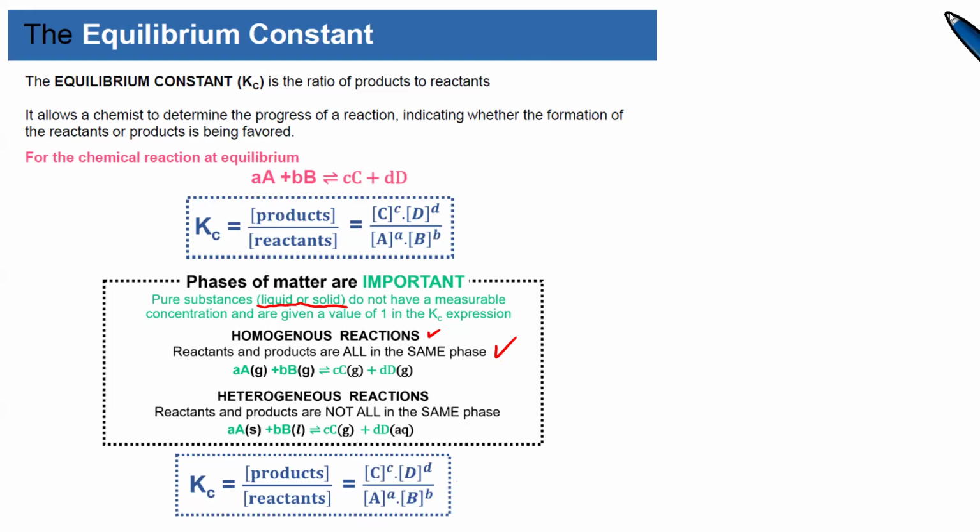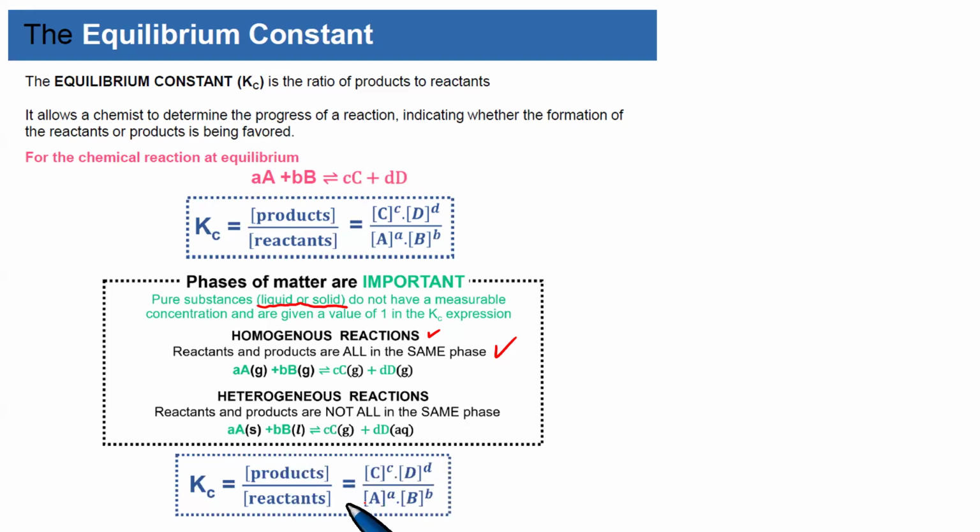What we're noting here is that A is a solid and B is a liquid, C is in the gaseous state and D is aqueous.